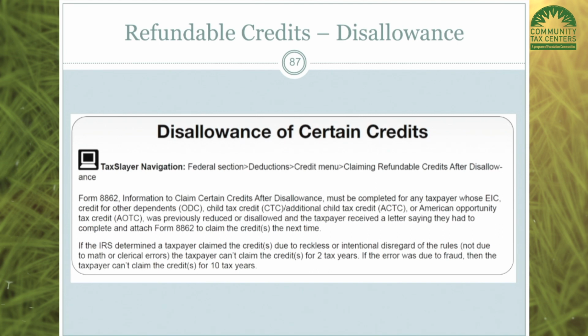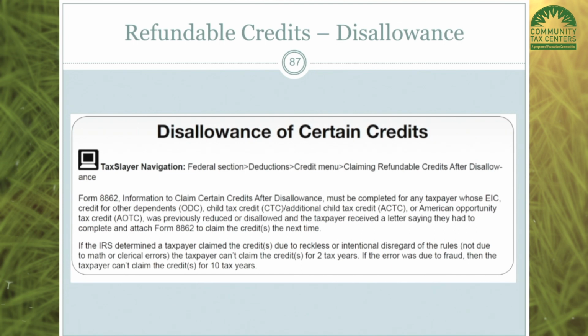This means they are claiming a credit after disallowance. They're certifying that whoever that qualifying child is on the tax return, that they lived with them more than half the year, that they are their qualifying child for the credit, and that there was no reckless intent or disregard for putting that individual on that tax return.